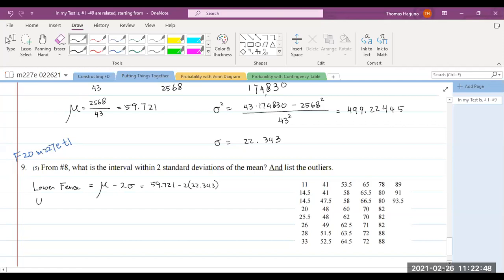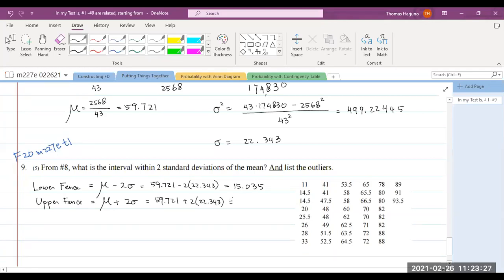And then the upper fence will be the mean plus twice the standard deviation. This is equal to 15.3035.